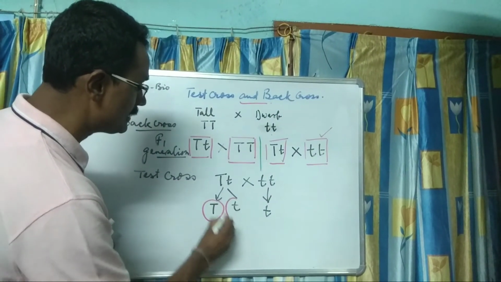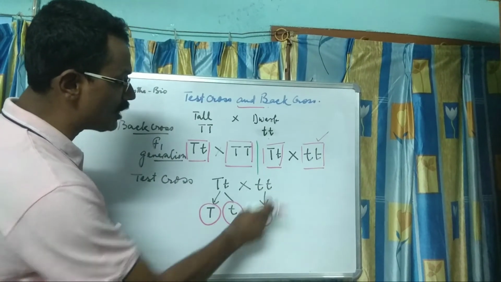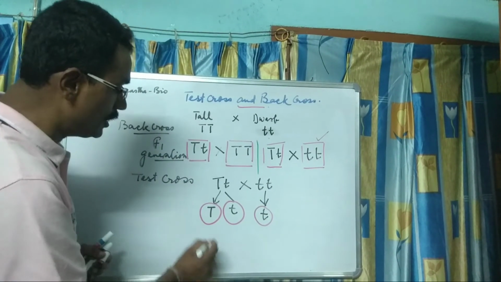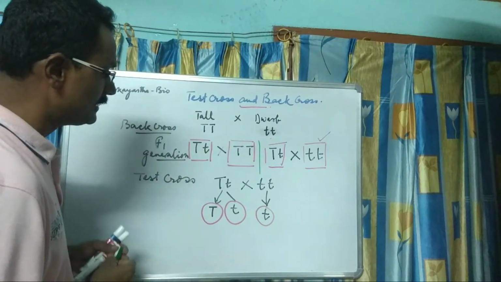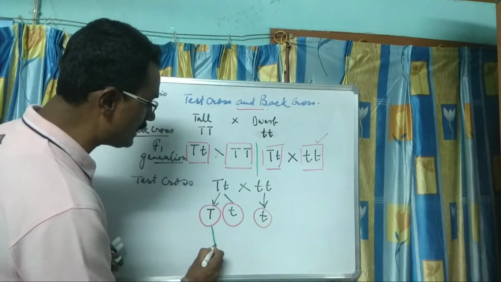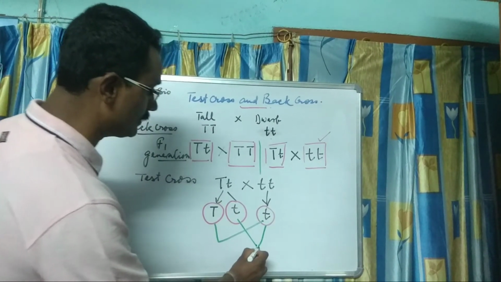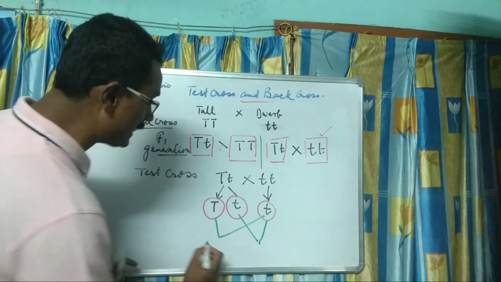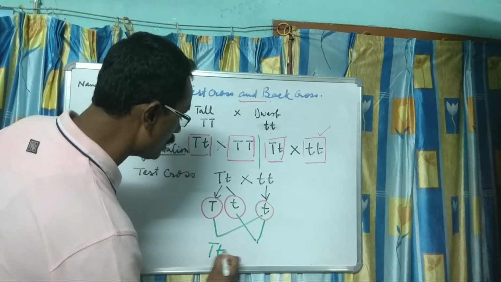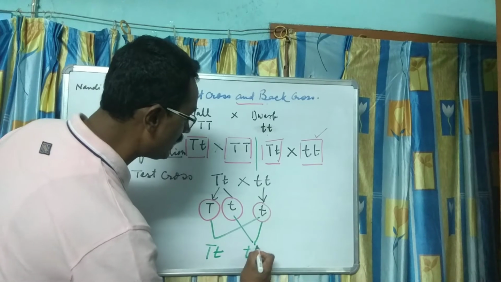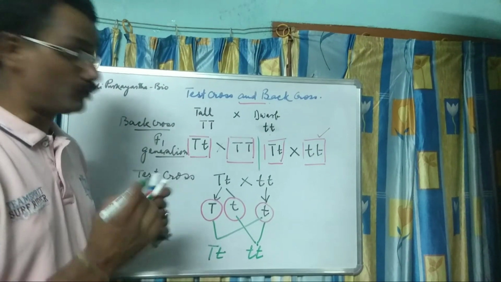This is one gamete, this is another gamete. This is small t, small t. So one type of gamete will be there. If this one is crossed with this one and this one is crossed with this one, what you are getting is capital T small t, and small t small t.